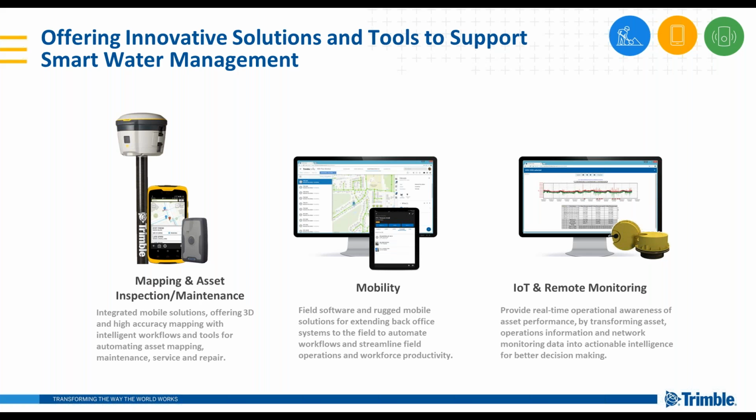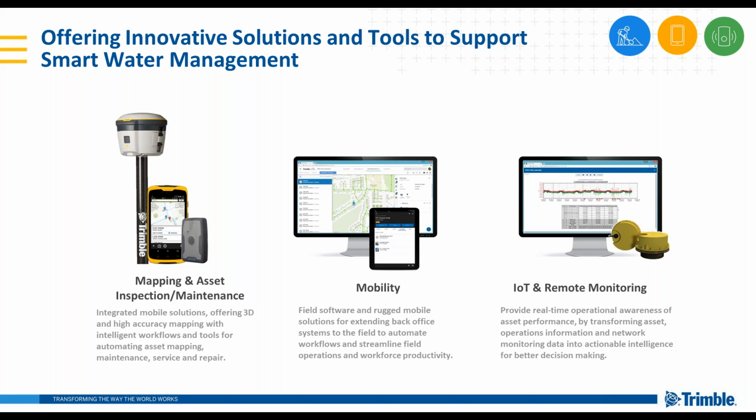And from that foundation, utilities can conduct asset inspection and maintenance activities, and furthermore empowering field technicians with the data and tools they need to streamline field operations and workforce productivity.